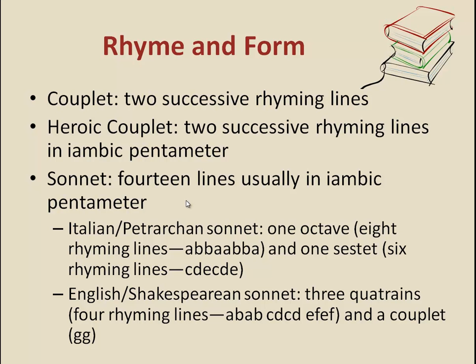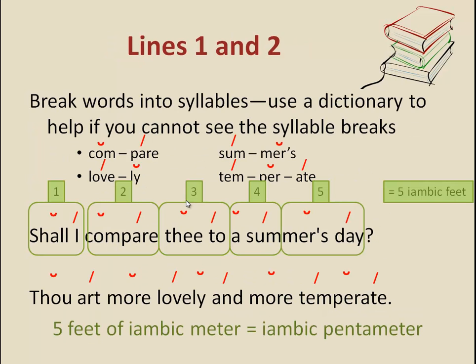And let me flip back to the previous slide. Are these lines that we're looking at, do they rhyme? So would they be a couplet? Look at the end of the line, day, temperate. Well, of course, they don't rhyme. There's no rhyme to them, so they can't possibly be a couplet.